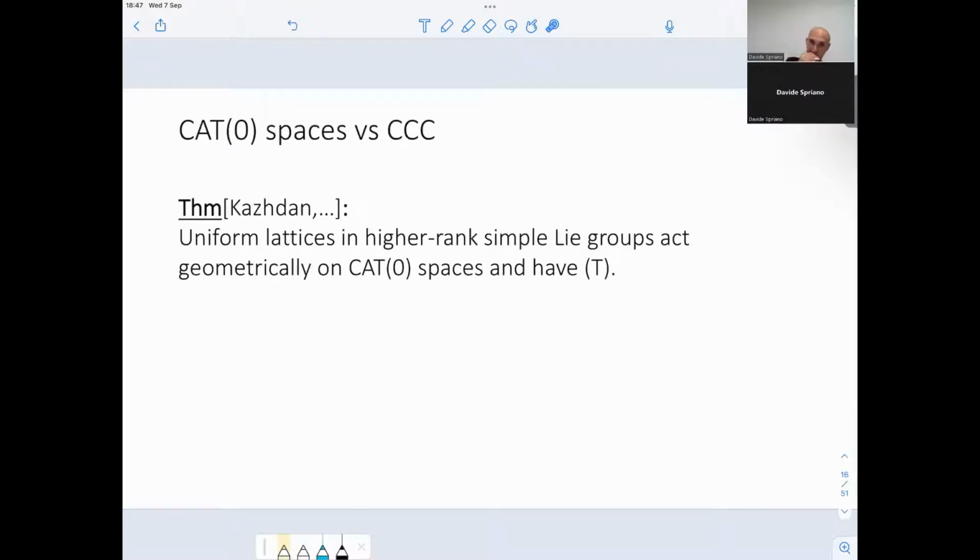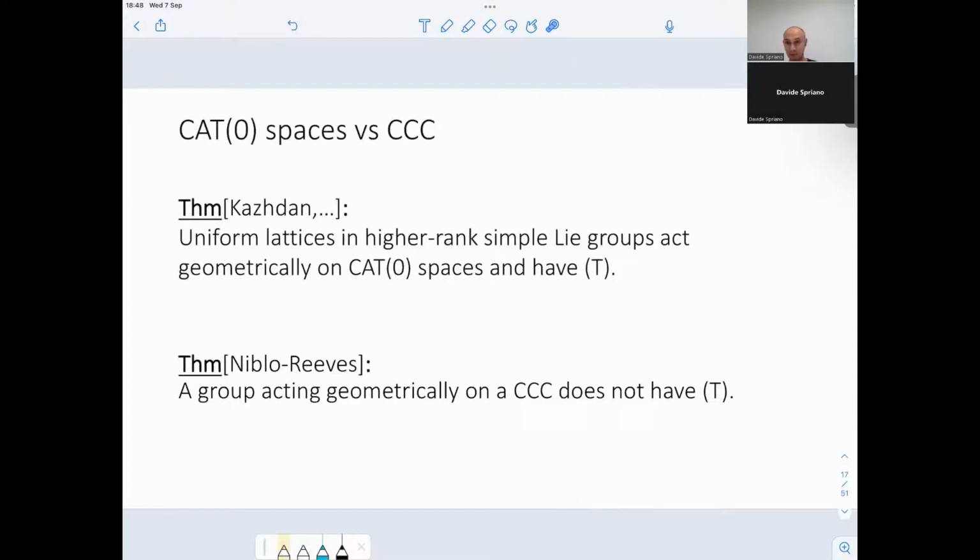So let me recall some theorems. There is a sequence of theorems. The first one is due to Kazhdan, and then many other people afterwards added various cases: if we take uniform lattices in higher rank simple Lie groups, those act geometrically on CAT(0) spaces and have property (T). So we have a very large class of extremely natural examples of groups that act geometrically on CAT(0) spaces with property (T).